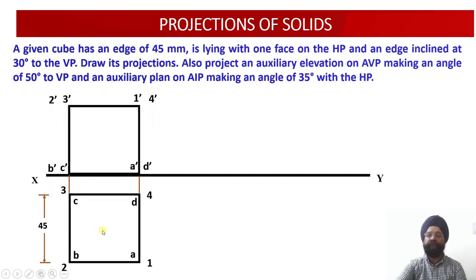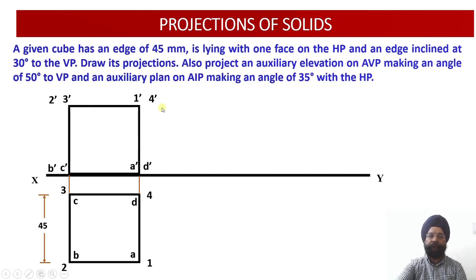Now let us draw the front view. As I told you, A, B, C, D are the points lying on the base. So once we are looking from the front, A dash, D dash will be the projections of the base in the front view. Similarly, B dash, C dash are the projections of the base obtained in the front view on the horizontal plane, that is onto the XY line.